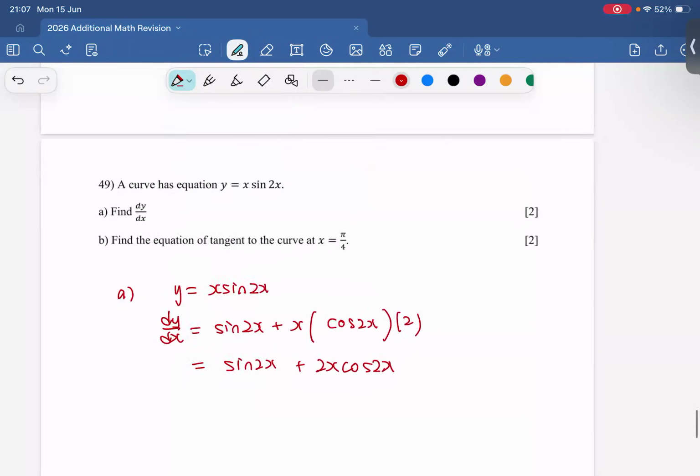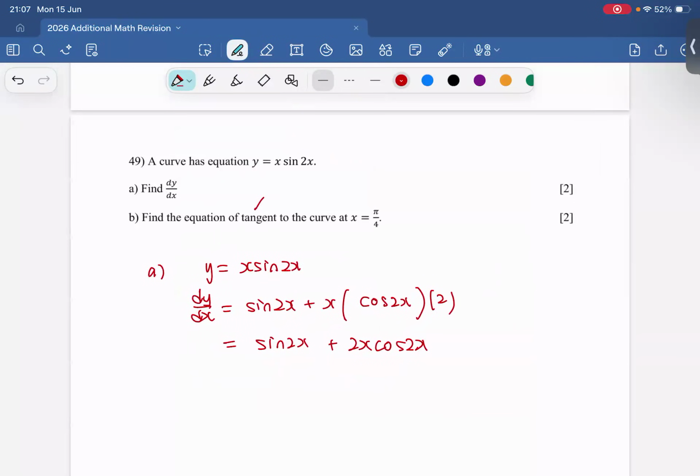Find the equation of tangent to the curve. When we want to find the equation of tangent, it means y equals mx plus c. I need to know my m, and I need y and x to find my c. I know my x already, when x equals pi over 4. Whenever x equals pi over 4, put this inside here, you will calculate and get y equals pi over 4.